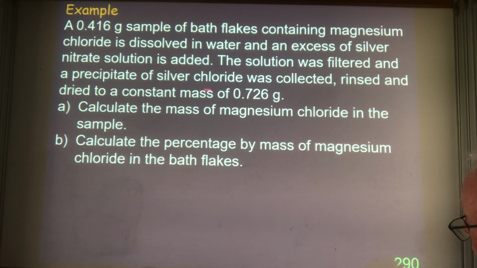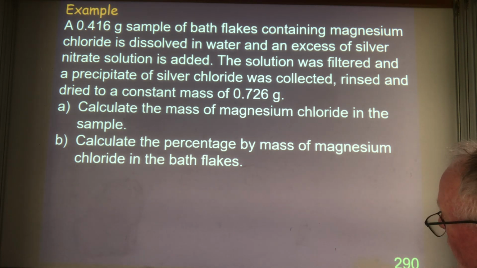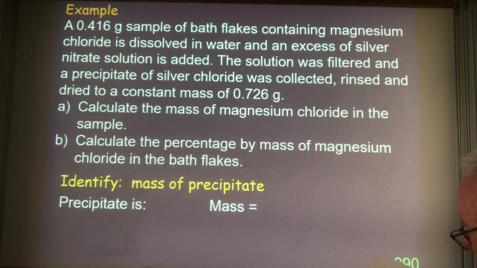What we can use to work out moles is the mass of silver chloride precipitate. Because it's the mass of the precipitate, we know that precipitate is pure. We know the mass of silver chloride, therefore we can know with good confidence what the number of moles of silver chloride is. So that's what we can do stoichiometry from. So your first step, just working out which mass we use, is the key step in gravimetric analysis.